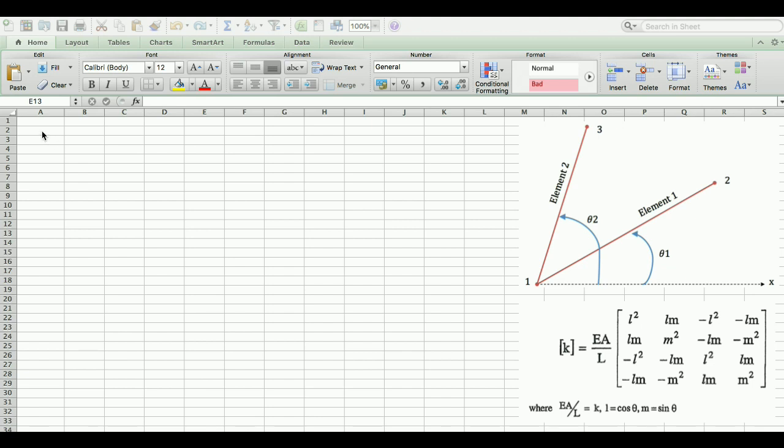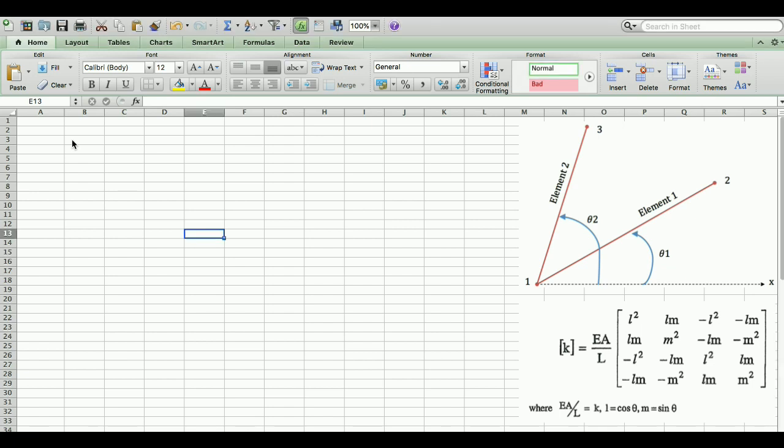First of all, we're going to list our input data. We need the Young's modulus, which is E, then the cross-section area, that is A, and then L. However, for these we need to specify our units. In this case, I'm going to use Newton and millimeter for force and length.